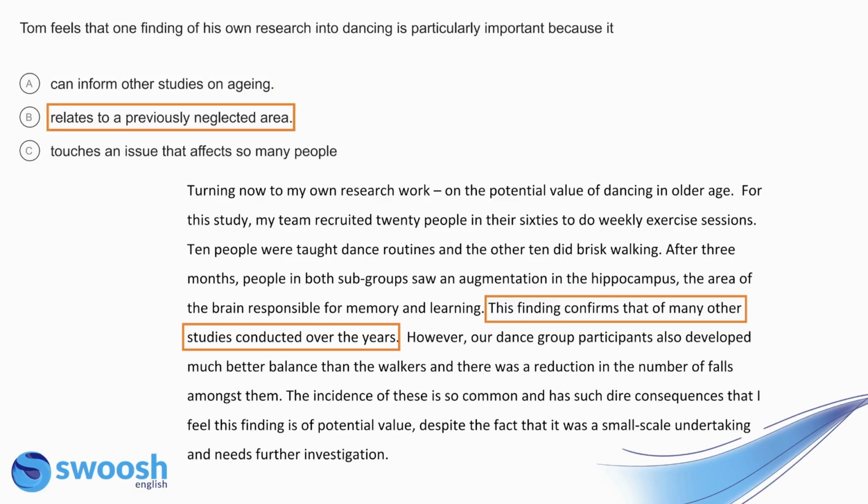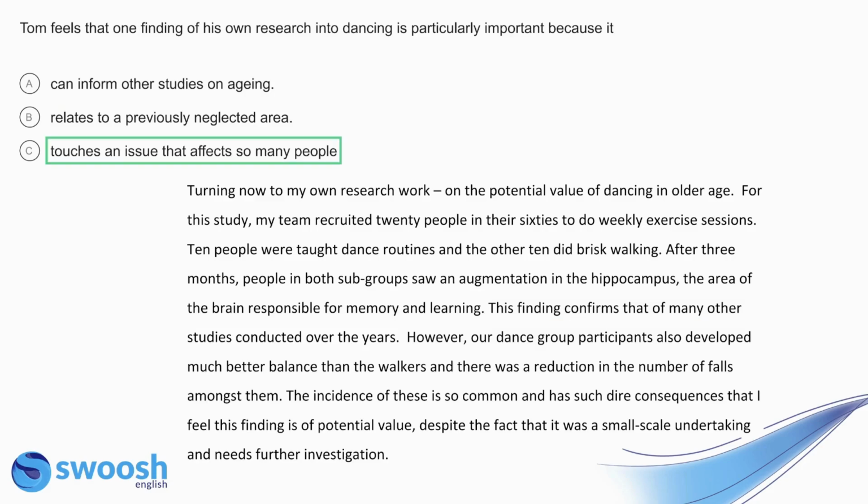And I'll just touch on option B because again, we've got other studies mentioned. It doesn't say anything about a previously neglected area. So again, this actually contradicts option B. Not really a distractor. But option C then touches an issue that affects so many people. If we refer down to the transcript here, it says the incidence of these is so common. So common being paraphrasing there. It affects many people.